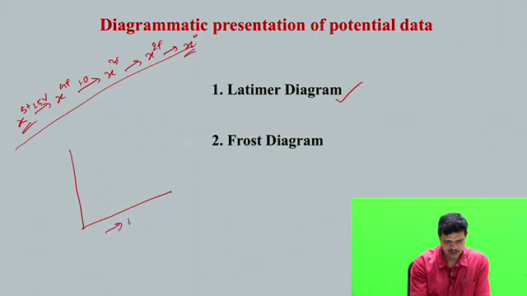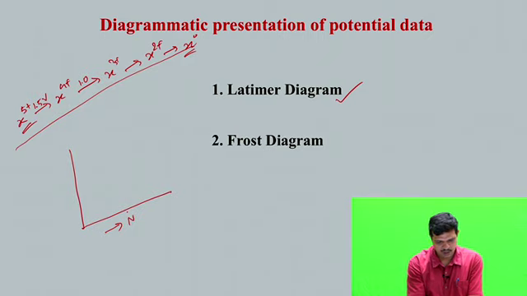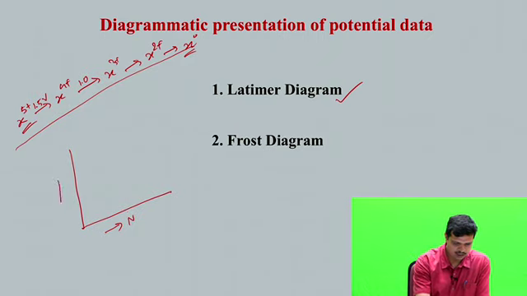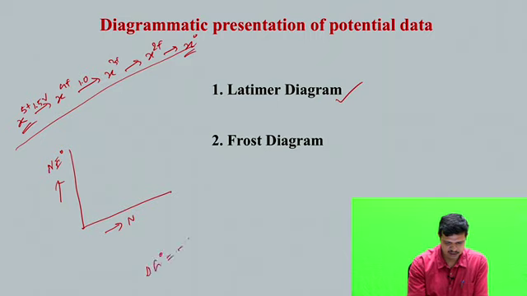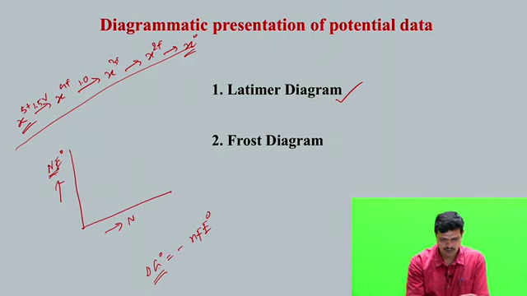Here you will see the oxidation state, and here the nE0, and you know that delta G is equal to minus nFE0. So, the y axis is a parameter parallel to delta G0, and the x axis is the oxidation state.